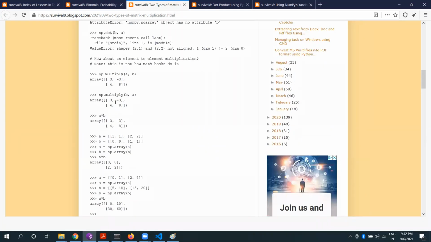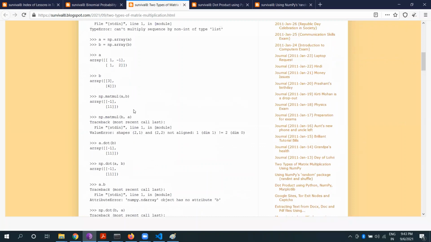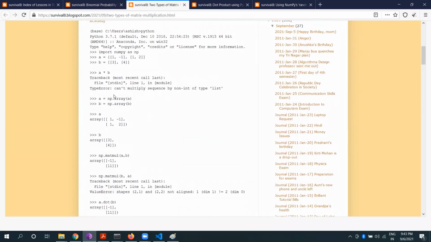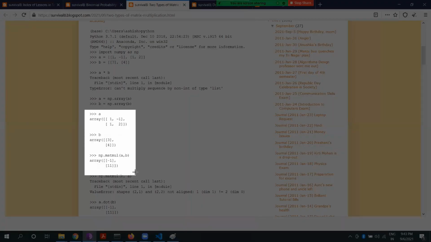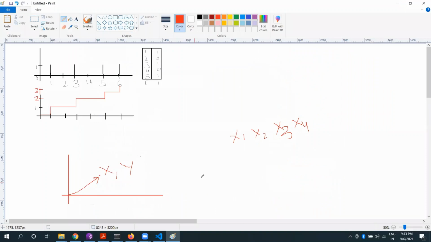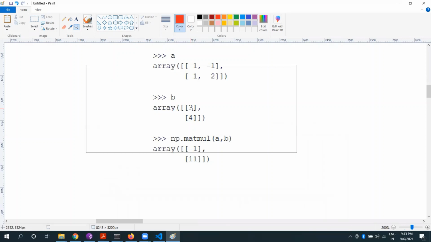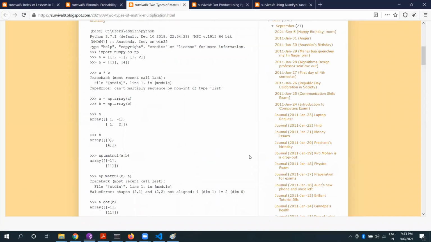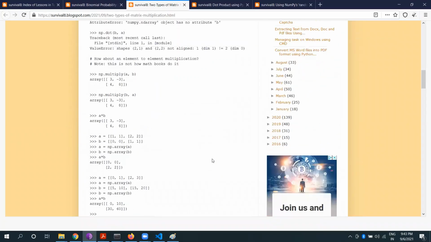Okay, I just copied it. This is matmul, and this is multiply.